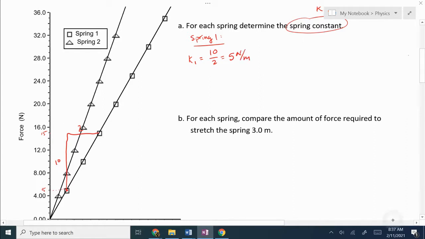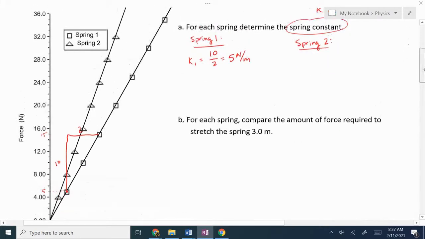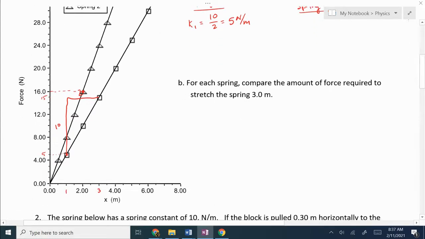Let's take spring 2. And again, just pick 2 points on that. We'll pick that one, which looks like it's right there at 16, and 2.